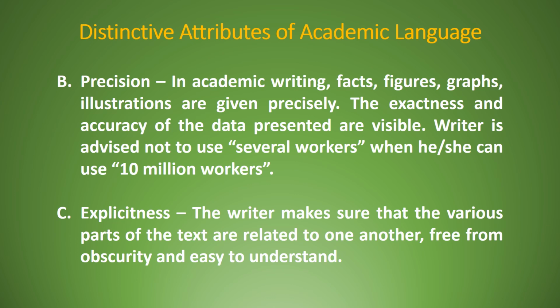So in terms of academic writing, we have to avoid using words which are not necessary. If we can make the sentence simpler, we have to omit some unnecessary words that only bring confusion to the statement. So that is explicitness.